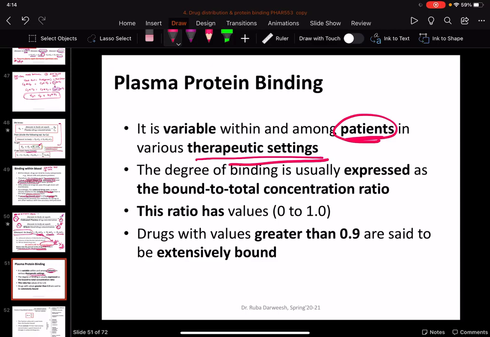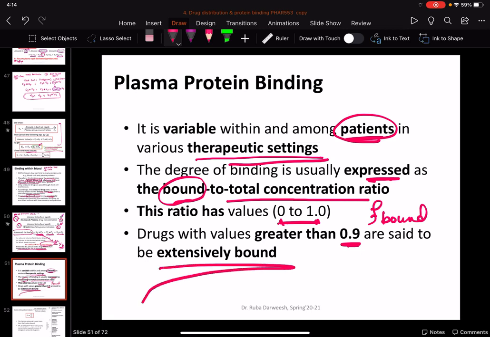Okay, the degree of binding is expressed as a bound to total concentration ratio, which is usually a ratio from 0 to 1, and you need to make sure that we are talking about the bound drug or the unbound drug. Okay, and usually if the bound fraction is higher than 0.9 or 90%, we consider it an extensively bound drug, or highly bound to protein.